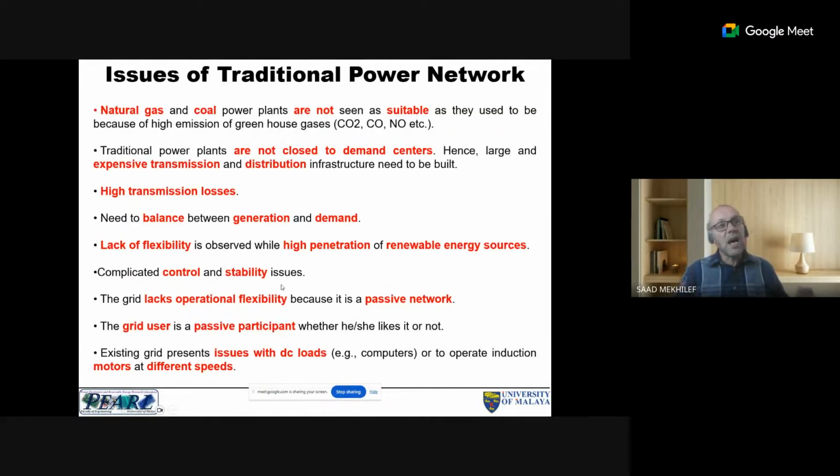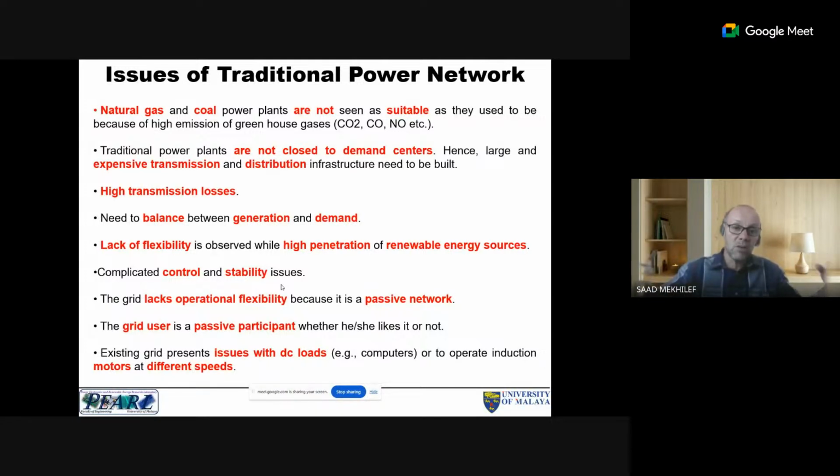So what are the issues of the current traditional networks or grid? As I said, this grid has been built for almost 100 years now, so it's not something that we can easily dismantle or remove. It has been built and built, year after year, and expanded. It's not only one grid in one country; now it's interconnected.